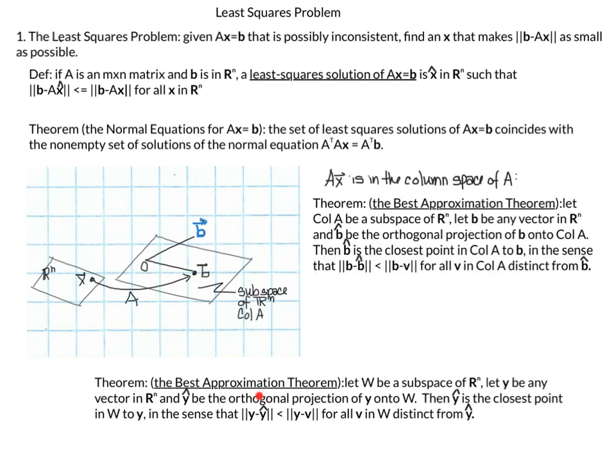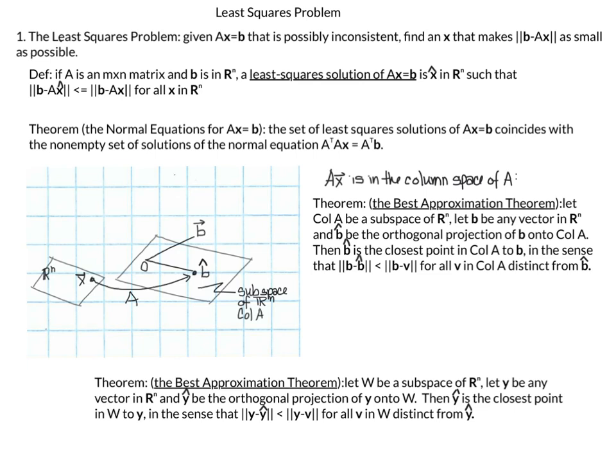So I rewrote this theorem: instead of writing W, I put the column space of A. Instead of y, I put b, just because I got tired of translating. But that also means we should call this vector b hat.